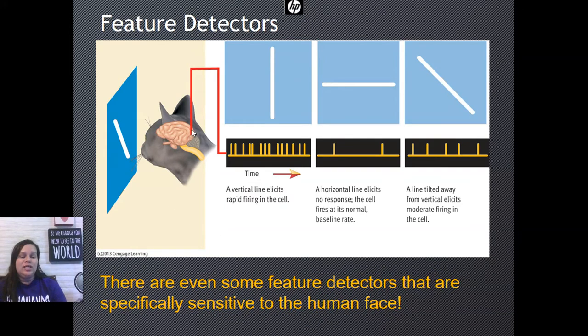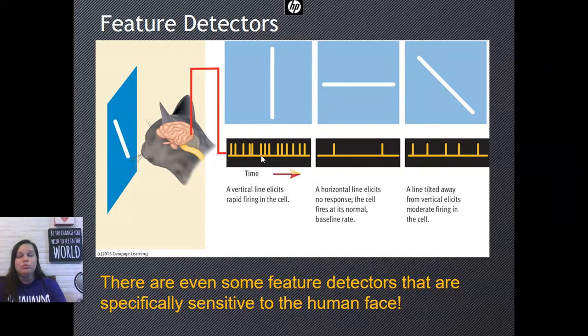So the cat here has these electrodes in his visual cortex, and as he's looking at different things, in this case an angled line, a vertical line, a horizontal line, or again the angled line, different parts of the cortex would light up, would have a stronger response. That showed that the visual cortex has very specific areas that detect different types of images, like curves and edges.